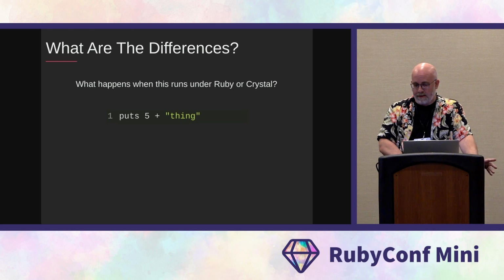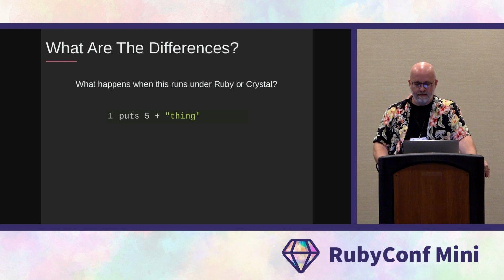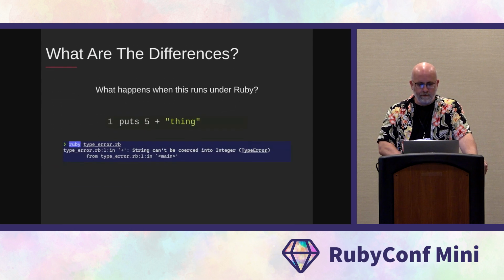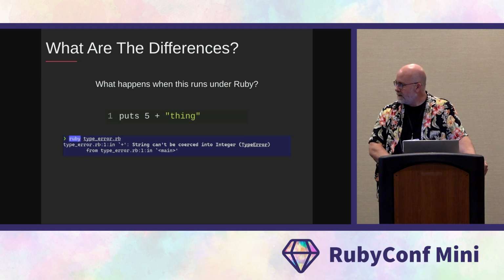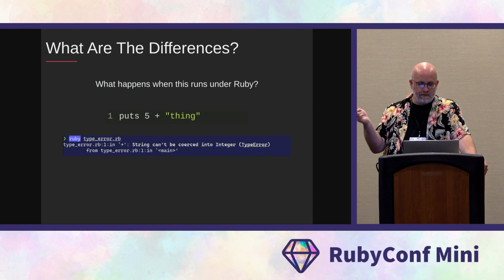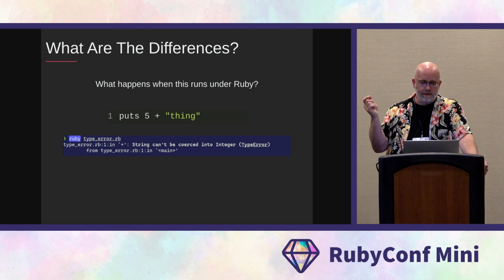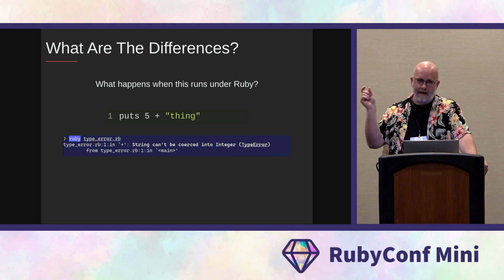So here's a quick example. What happens if you do this in Ruby? Yeah, so Keith said it's an error. If you run it in Ruby, and again, unfortunately, this might be a little hard to read, Ruby gives you a type error because Ruby doesn't know how to add a string to a number.